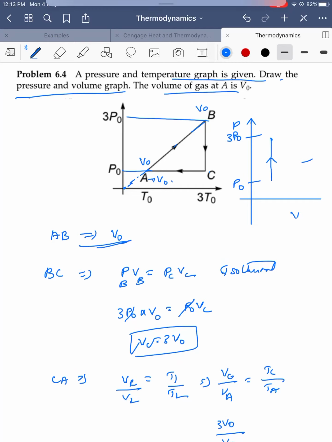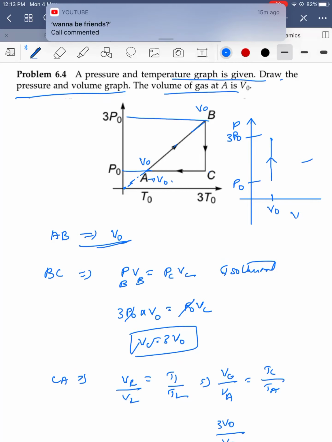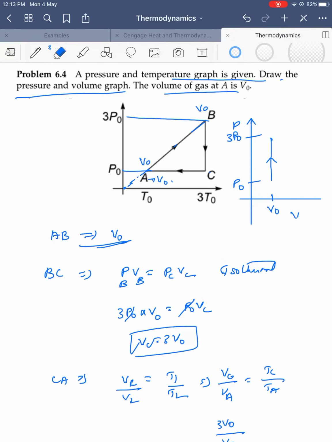The volume, initially V naught, is increased to 3 V naught, isothermally. Next, from here, the volume we got is 3 V naught. From here it again comes back isobarically, and the volume reaches the same initial position. Okay, so this is how the graph will be.